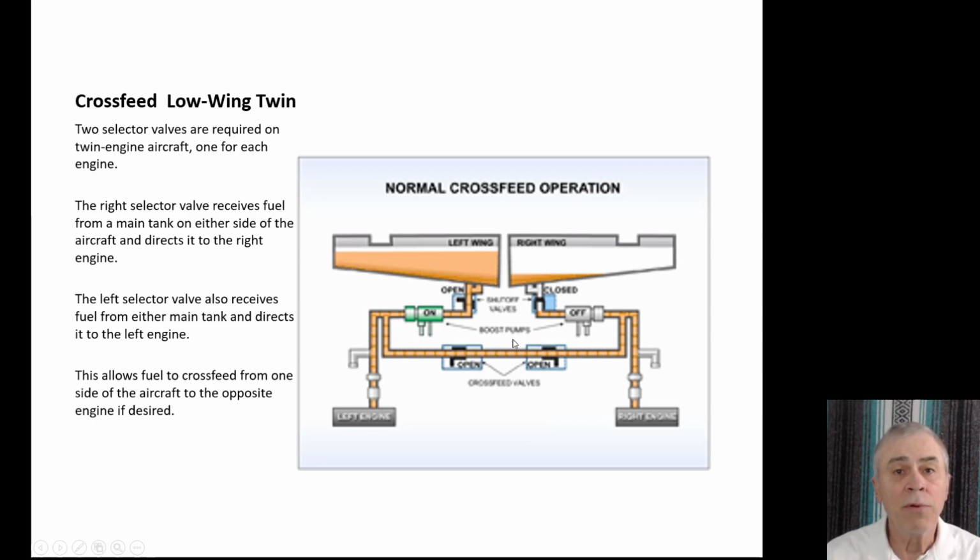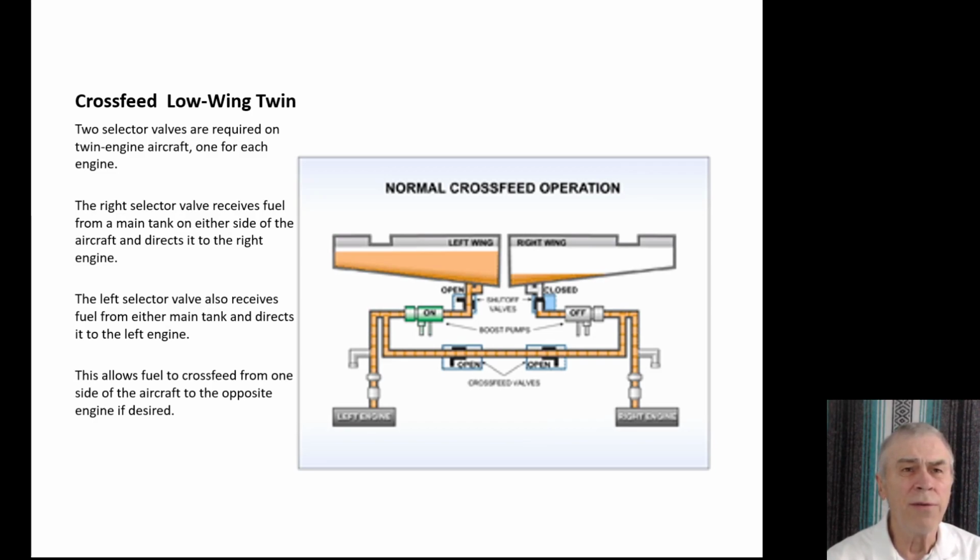You can do that with your little shutoff valves, or you also have these cross-feed valves. These are somewhat used interchangeably, but there are a few questions that differentiate between the two. So let's take a look at them a little closer.